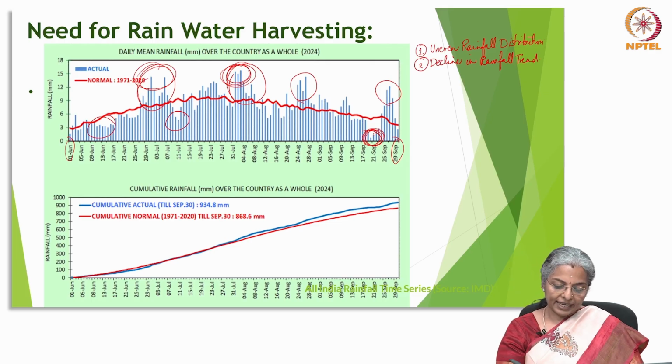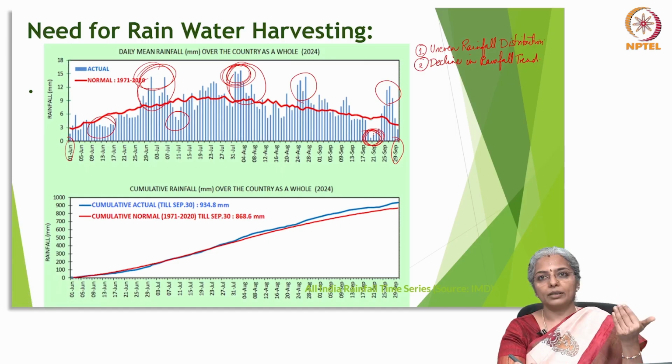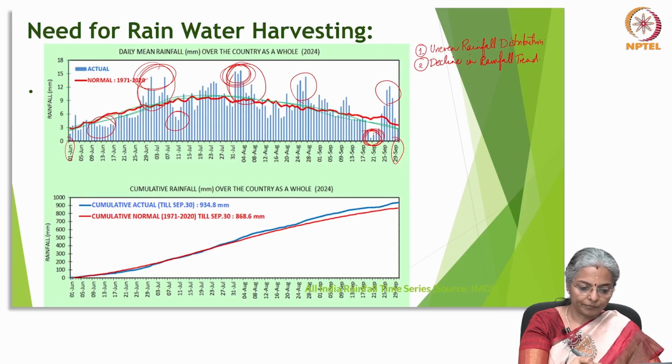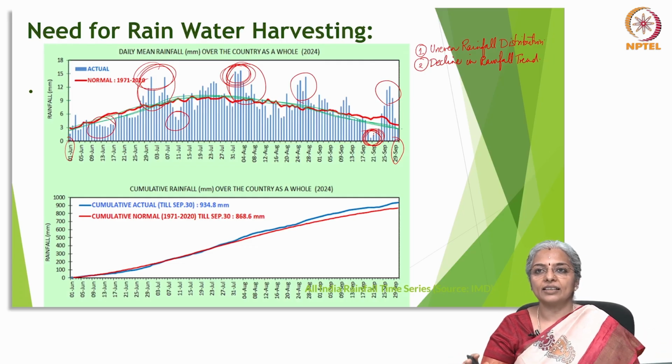If you see the red line here, it shows that there is a gradual decline, and it stays around 6 to 8 millimeters in July or August, but it starts decreasing post mid-December.